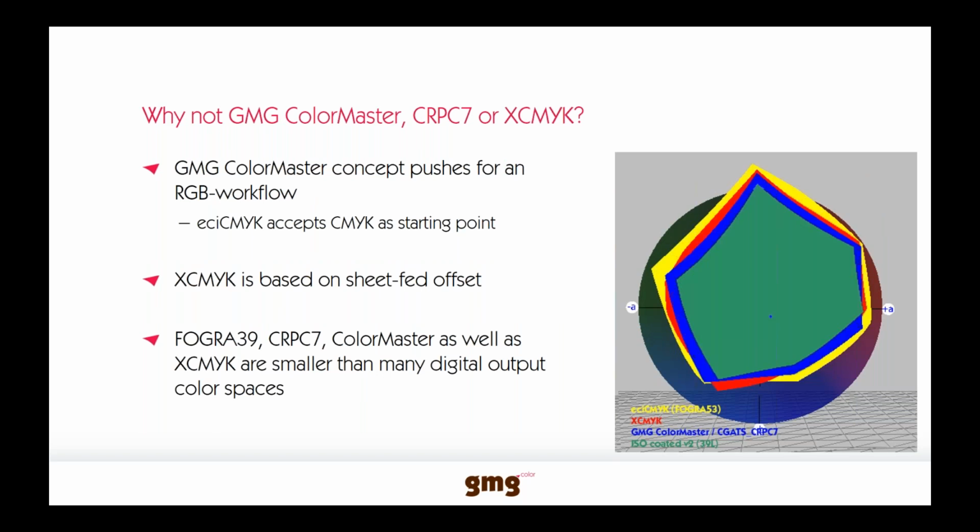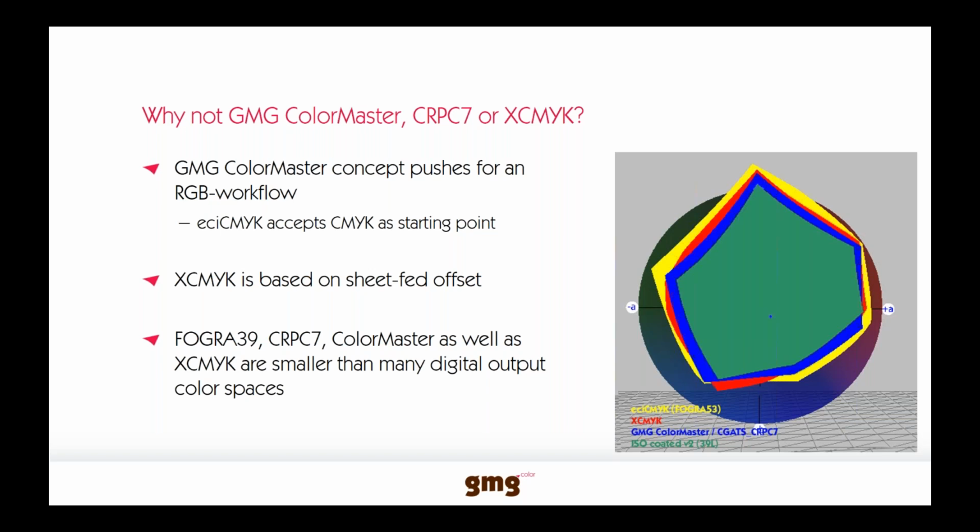There are already a lot of exchange color spaces in the different areas. So the idea of having an exchange color space is not new. So for instance, we have the GMG Color Master. So why not use these existing color spaces?